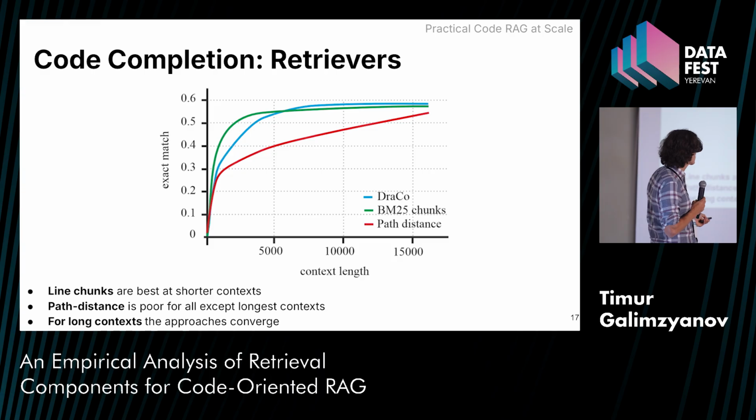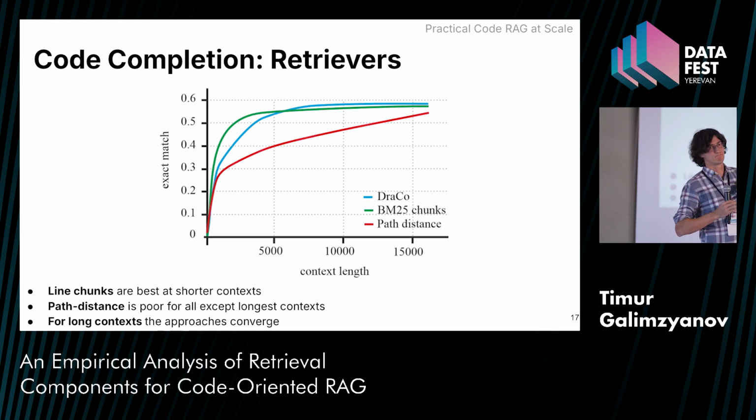So there is actually no need to make very complex design choices. You can just put everything to BM25. And path distance is a very poor metric. However, if you have a very large context, path distance results become closer to other retrievers, but probably just due to the fact that you've put almost all relevant stuff into your context.